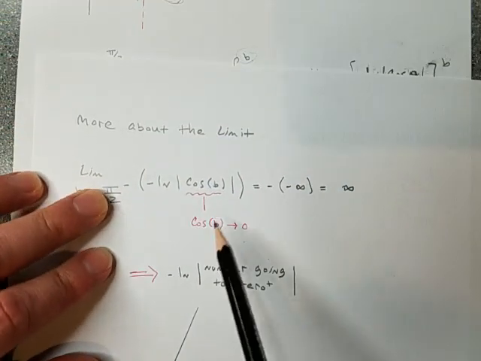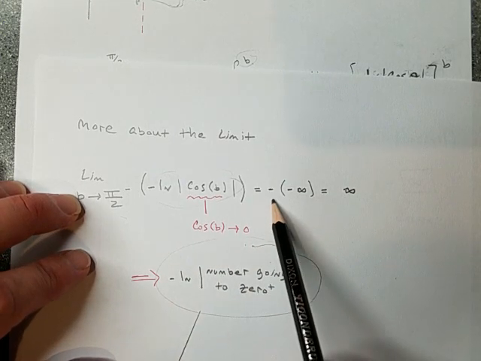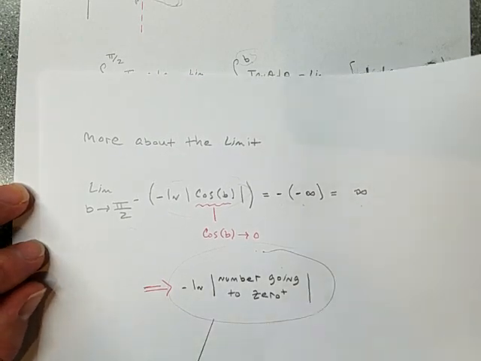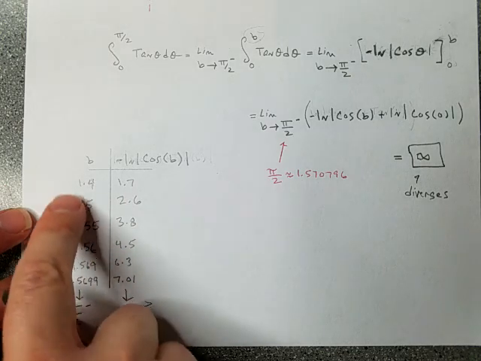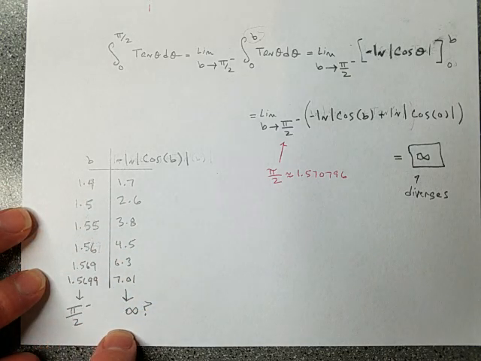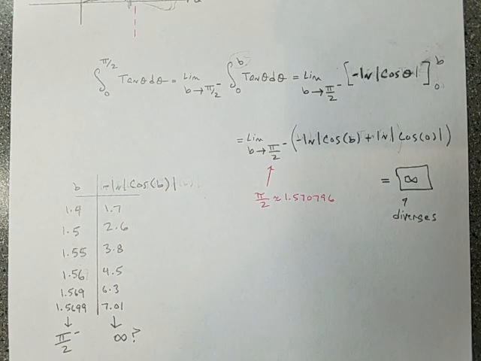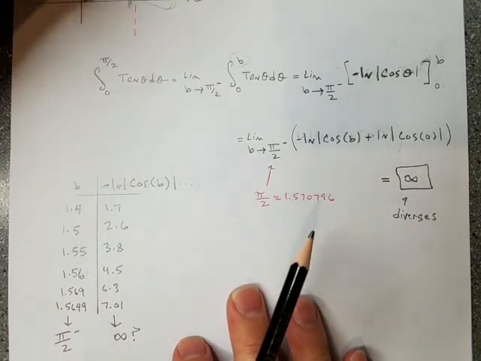So what you're looking at here is the opposite of negative infinity, or infinity. So it's really true then. That's more sophisticated, but it is true that the closer I push b to pi over 2 from the left, that calculation just gets bigger and bigger and bigger. It goes to infinity, all right? So the integral diverges.